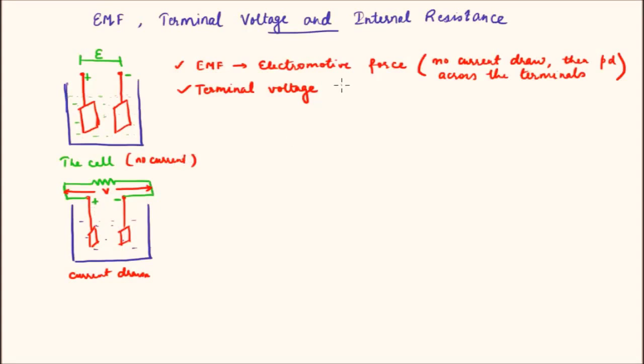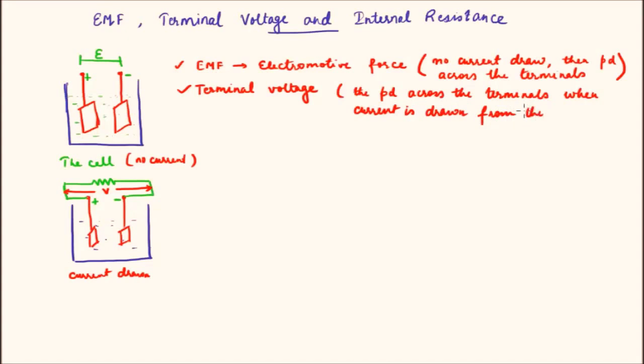So to define terminal voltage, it is the potential difference across the terminals when current is drawn from the cell.